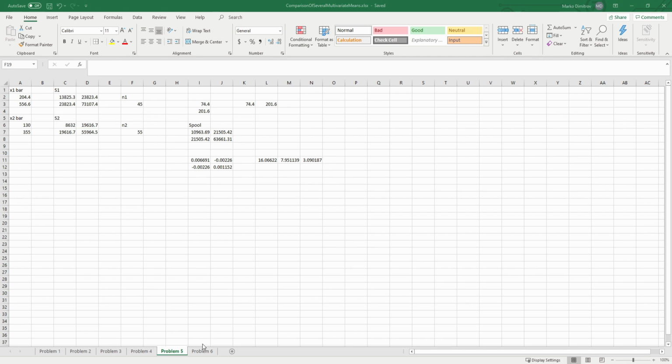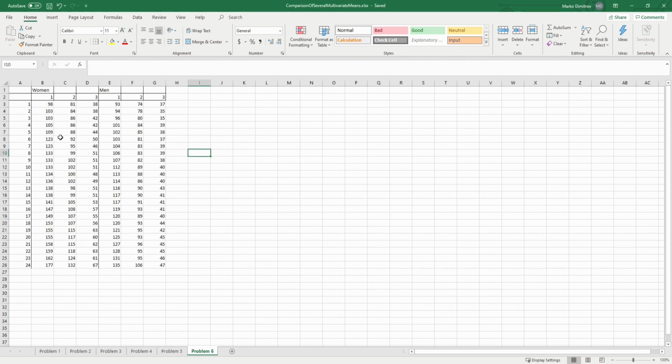And for the last problem today, we will have two populations, men and women, and we want to see if those variables differ. So what we need to compute the value is the average of each of those.